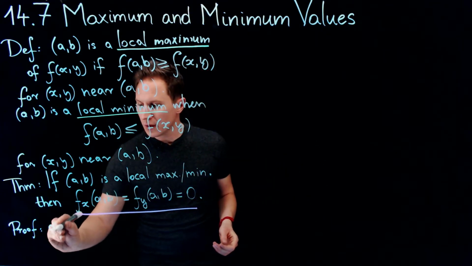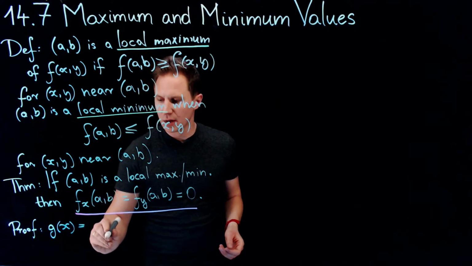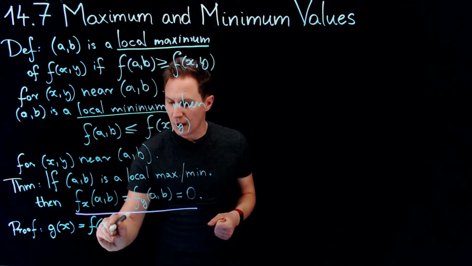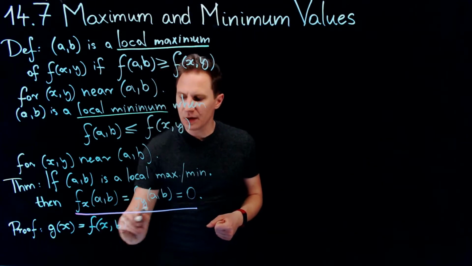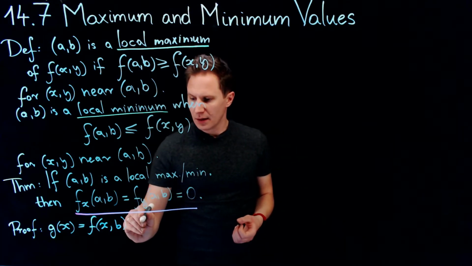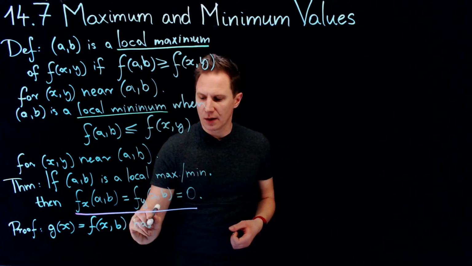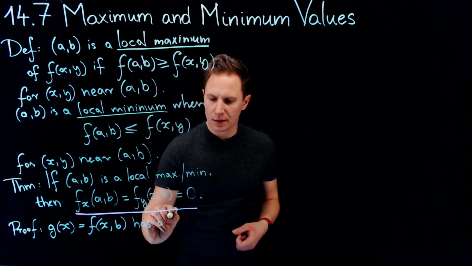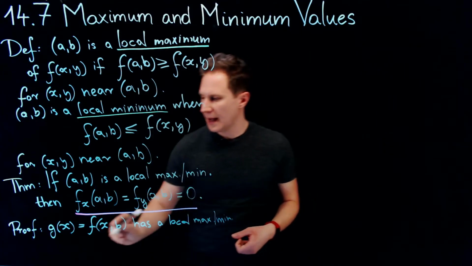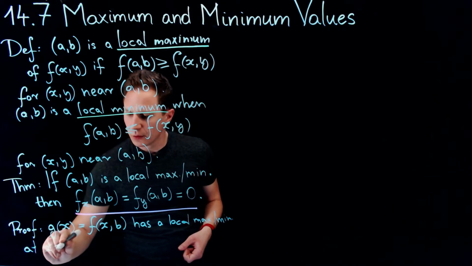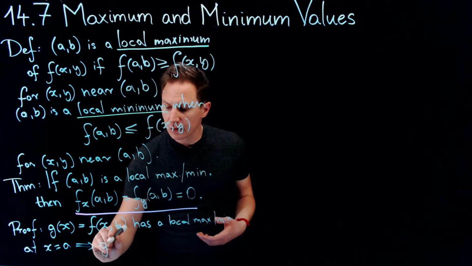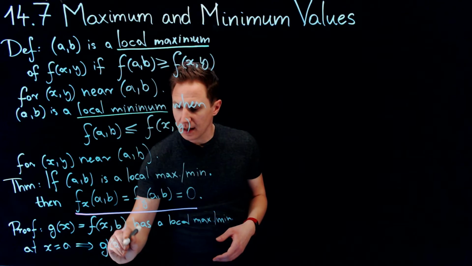If we introduce a function g of x, a single variable function, by restricting f in the y argument, so if f of x, b is what we're looking at, so we keep the y argument fixed at b, then this function has a local max or min at x equals a, and we know from single variable calculus that can only happen if the derivative of this single variable function at a vanishes.